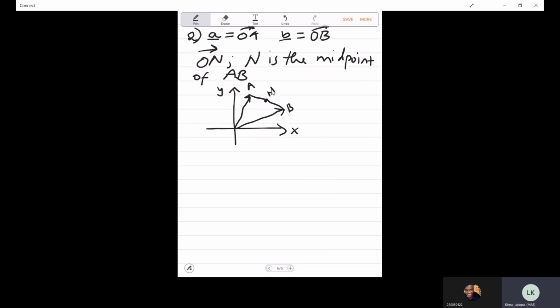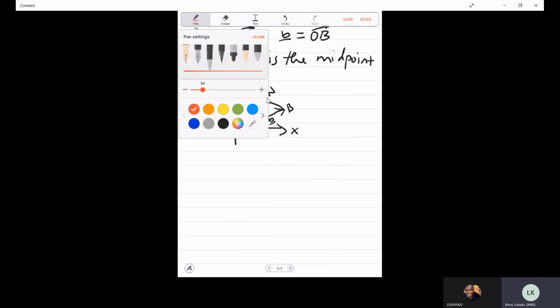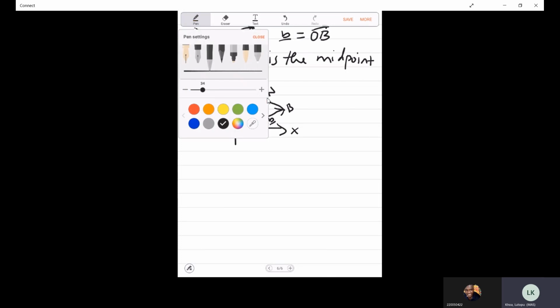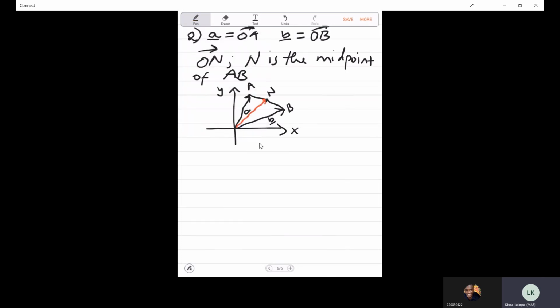All right, we are told that this vector here is A, and this vector here is B. Then we have to find the vector from O to N, this one here. That is the vector we are looking for. Now, the way we do this is just pick a path that you want to follow.